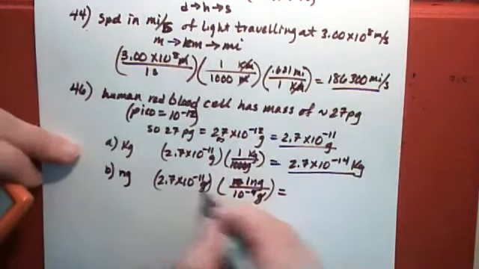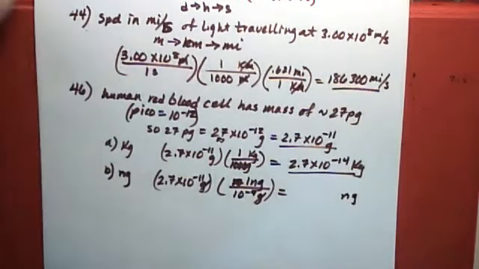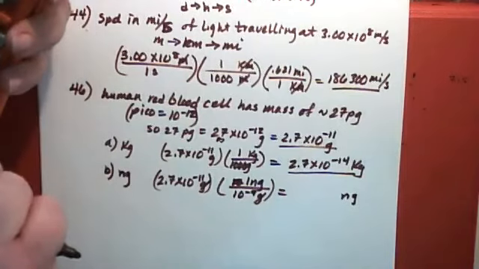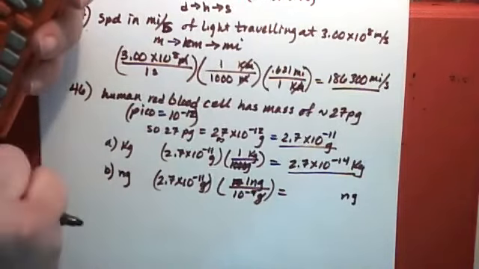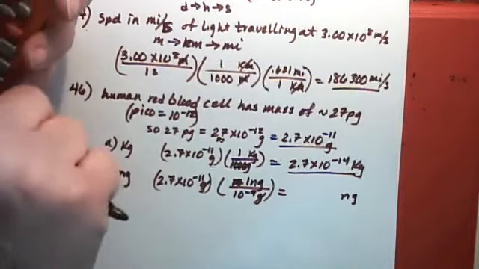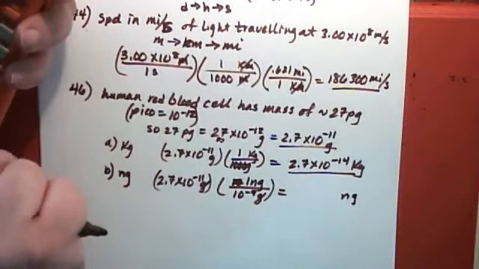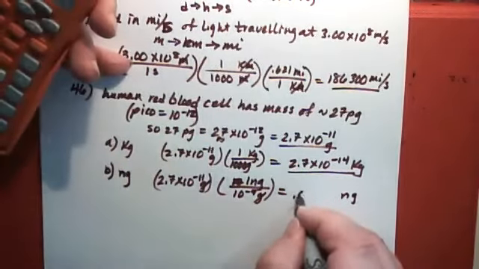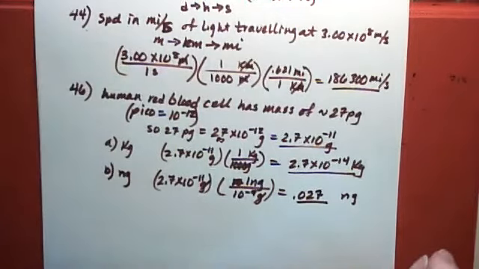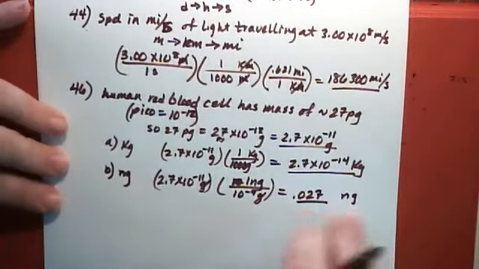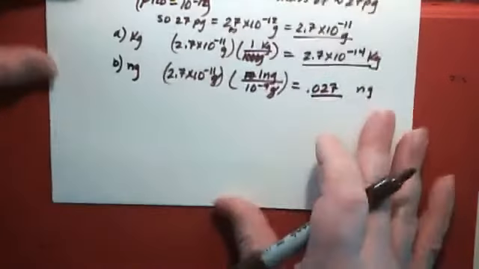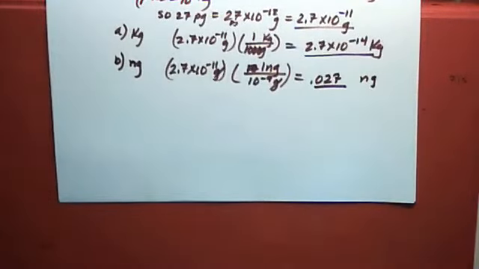Okay, so grams cancel, you end up with nanograms, and it's going to be 2.7 times 10 to the minus 11 divided by 10 to the minus 9 equals 0.027. So 0.027 in nanograms. Okay, so not too difficult there.